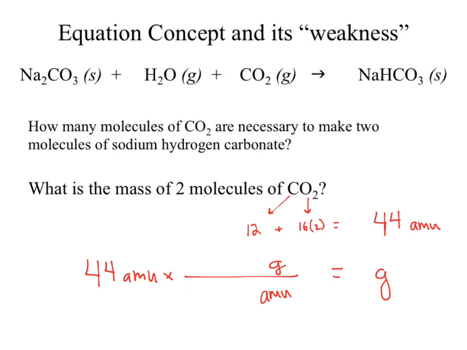I think it's 1.66 times 10 to the negative 24th grams is 1 AMU. I don't have it memorized either. Okay. Actually, is it in the book? 667, I think. It should be in the book.